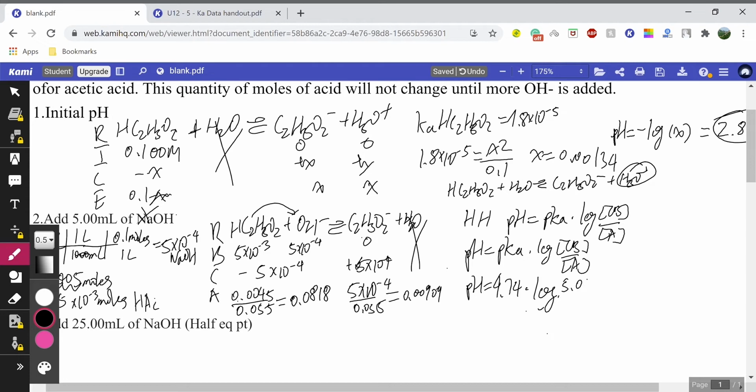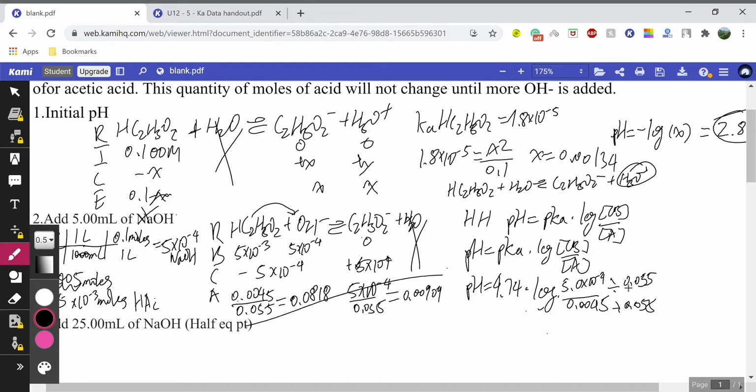So 5.0 times 10 to the negative 4 divided by 0.0045. Again, we do not have to divide this. If we divide this by 0.055 and divide this by 0.055, what's going to happen? These two are going to cancel each other out. So technically, it should be the same thing.